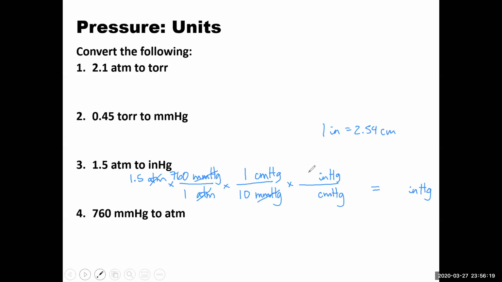So every 1 inch of mercury is equal to 2.54 centimeters of mercury. So now we've canceled out our centimeters of mercury, and we're left with units of inches of mercury. And this gives us an answer of 45 inches of mercury.